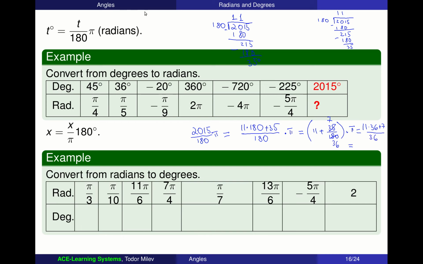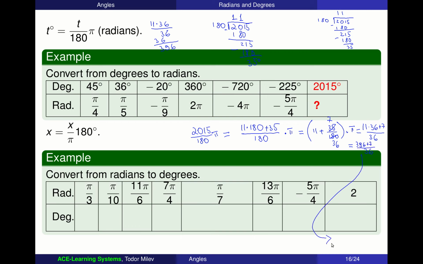So what's that equal to? 11 times 36 is, well, I guess 36 and 36, so 396. You add 7, so 396 plus 7 over 36.